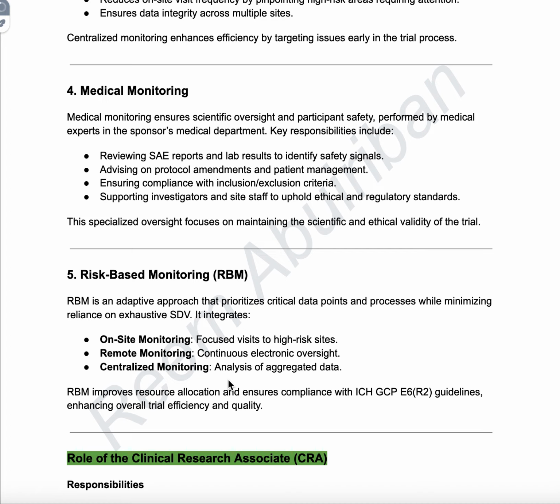It integrates on-site monitoring, which focuses visits on high-risk sites, remote monitoring, continuous electronic oversight, and centralized monitoring, analysis of aggregate data. RBM, risk-based monitoring, improves resource allocation and ensures compliance with the ICH Good Clinical Practice E6(R2) guidelines, enhancing overall trial efficiency and quality.